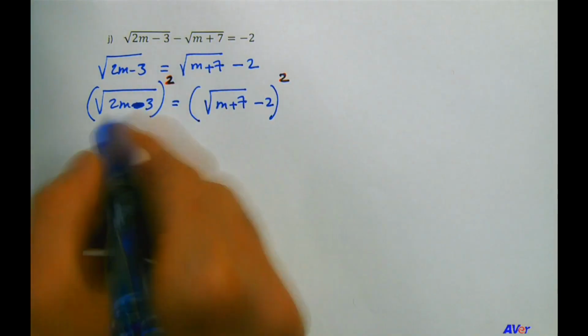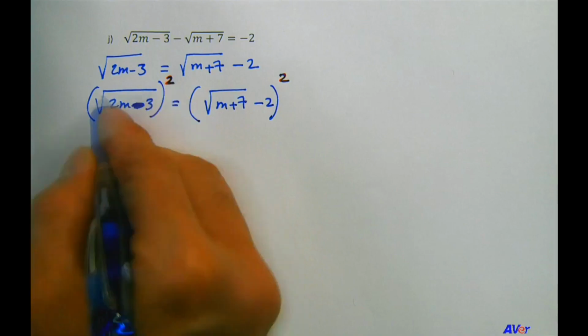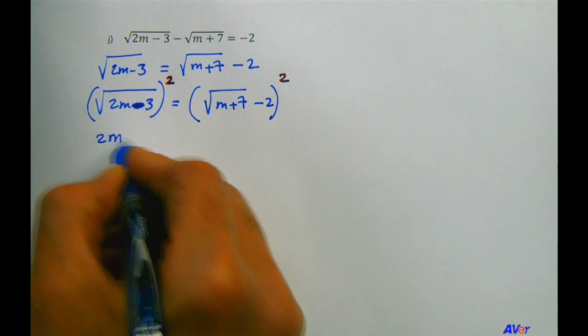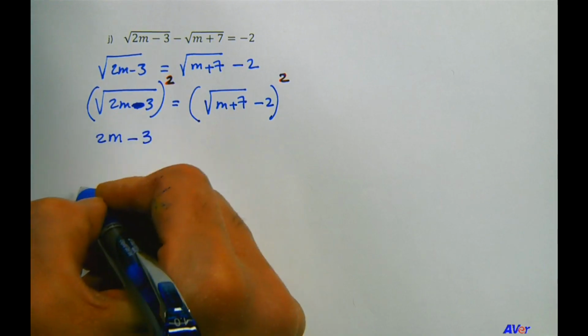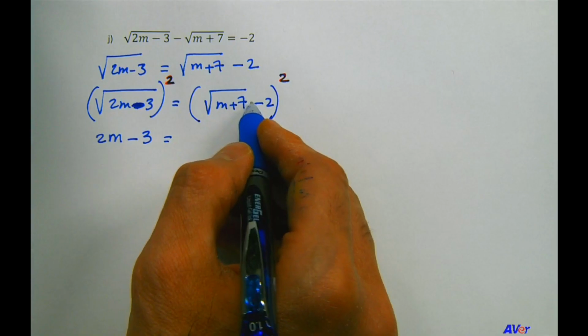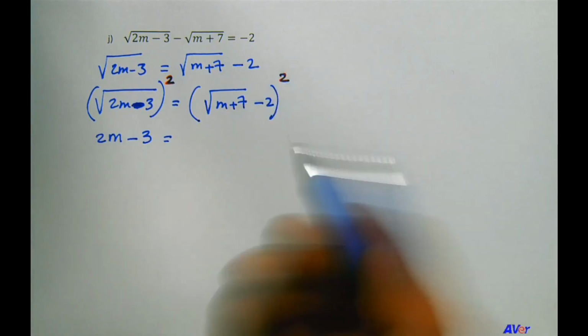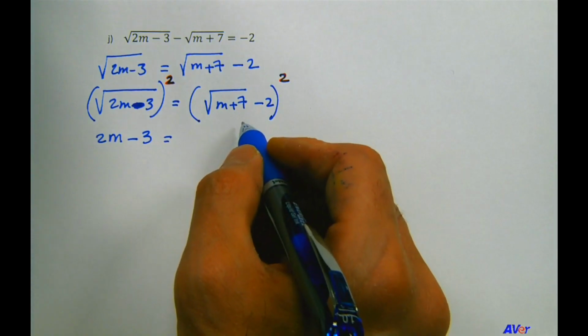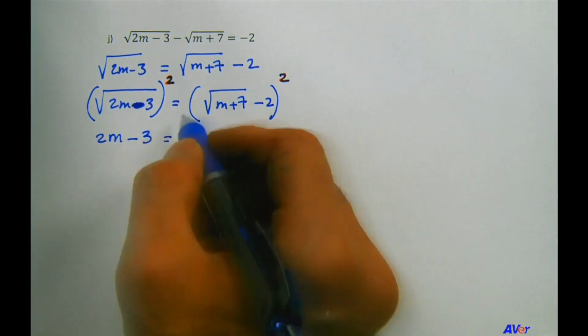So on the left, things are easy because this 2 and this index, this root cancel each other out. We end up with 2m minus 3, right? On that side, we need to expand. You can FOIL it or you should use the special product formulas which I mentioned a few minutes earlier, if you remember them, that is.